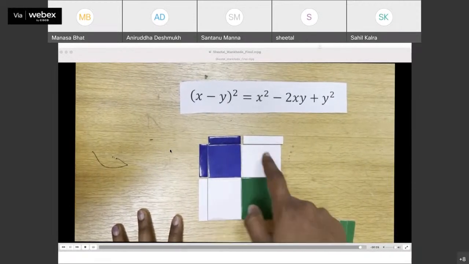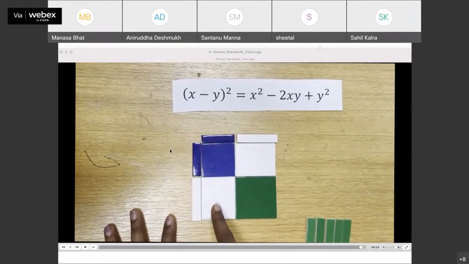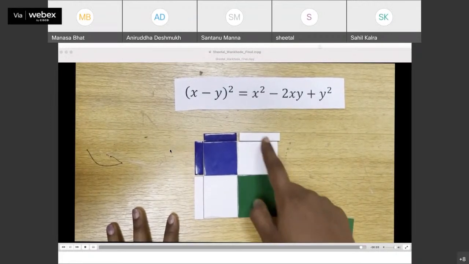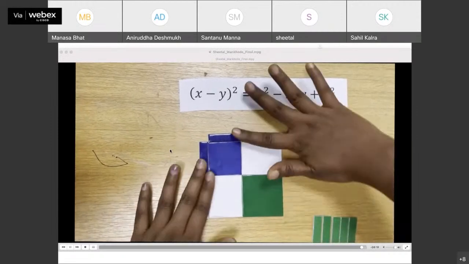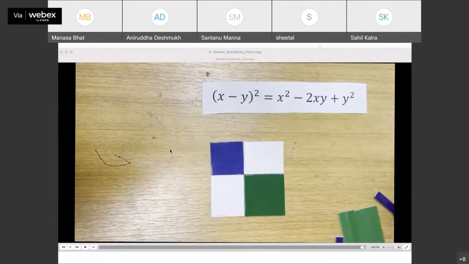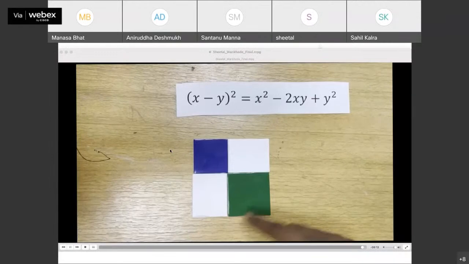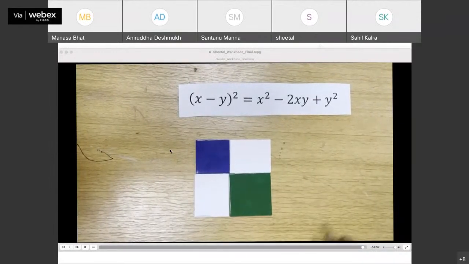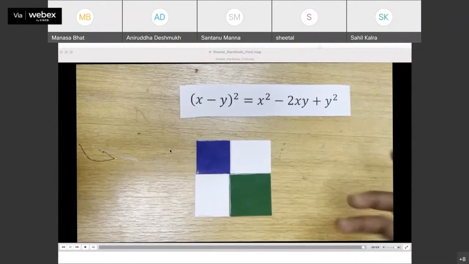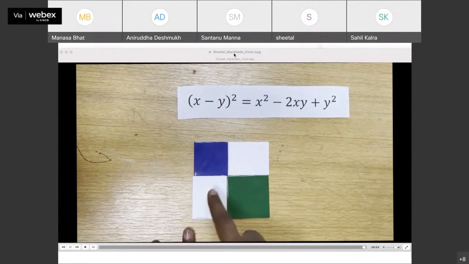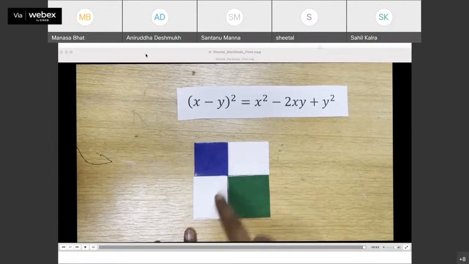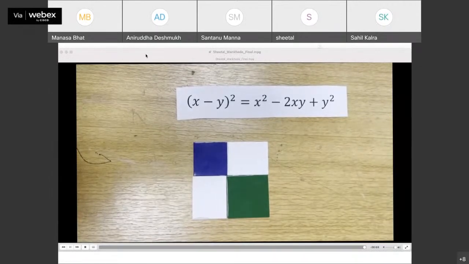So this is your x square. This is minus xy plus y square. So they give you x square minus 2xy plus y square. So this represents the square whose side is x minus y. So its area is (x minus y) square, which is equal to x square minus xy minus xy. They give you minus 2 times xy plus y square.